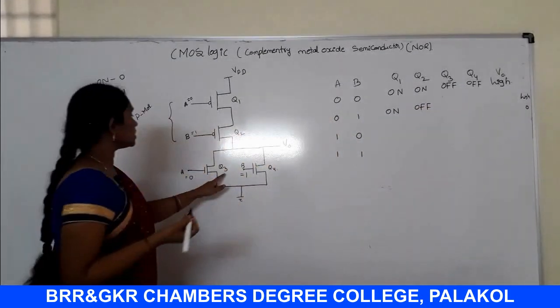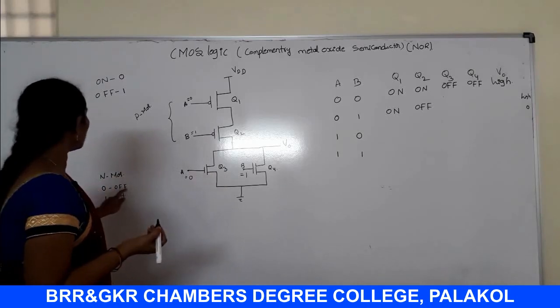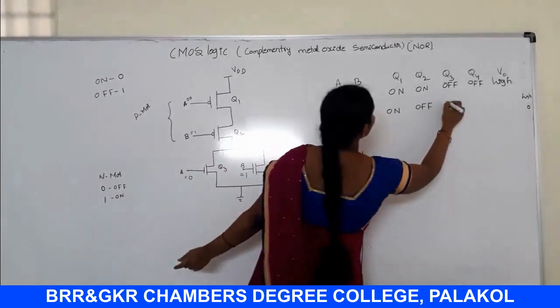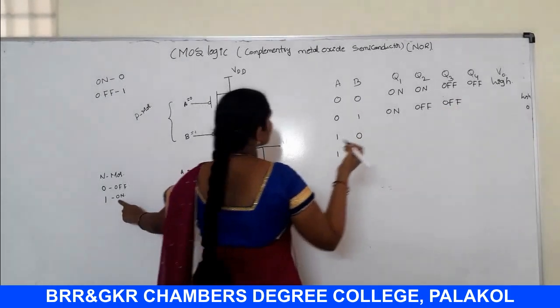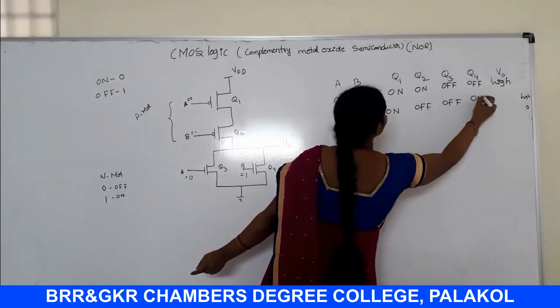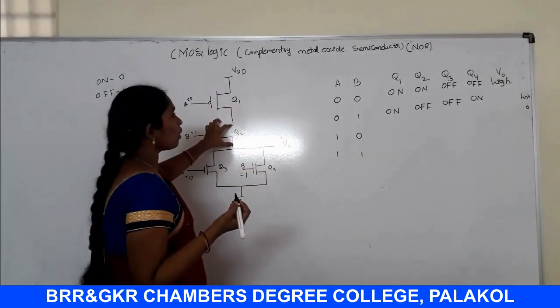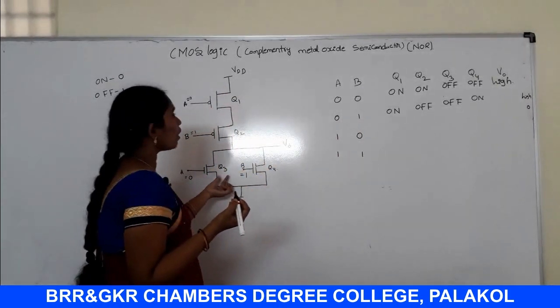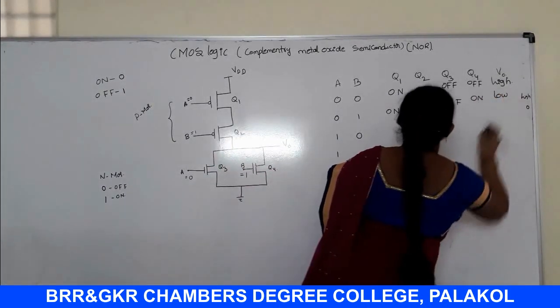Next, transistor Q3: applying 0 is the off condition. Q4 is 1, so that is the on condition. Therefore this is on, this is off, this is off and this is on, so the output voltage is low.